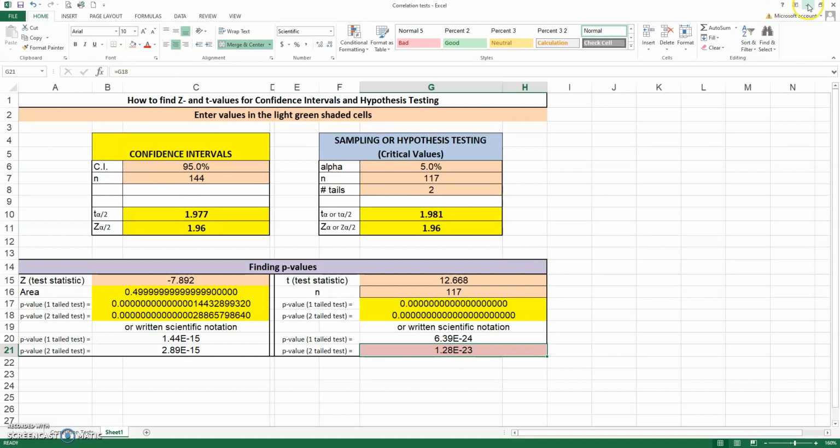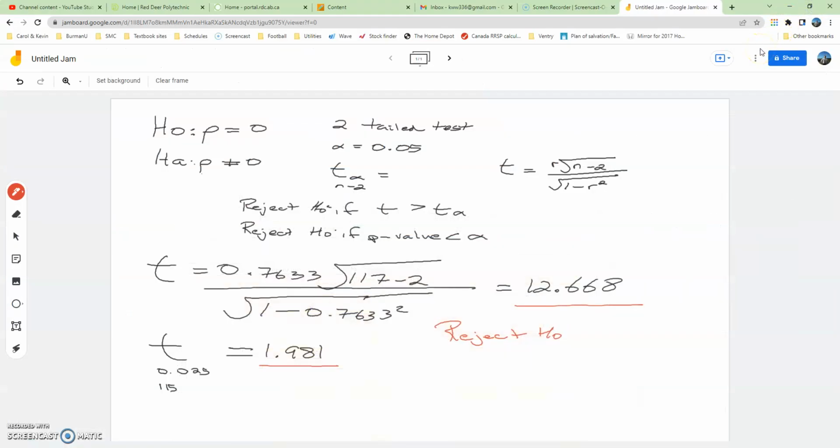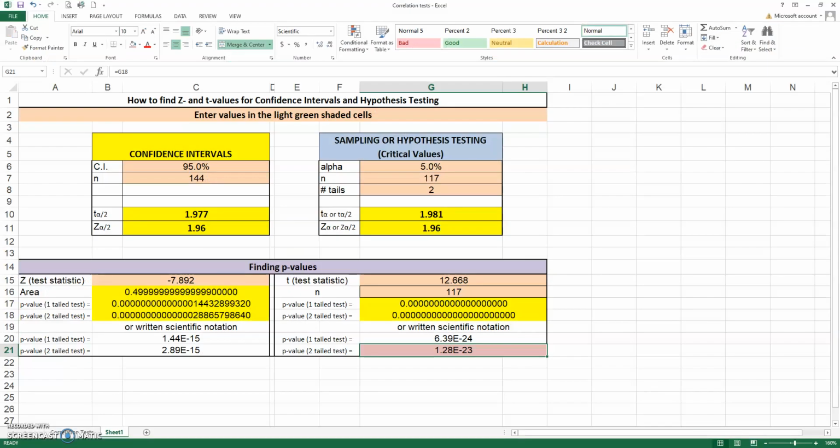1.28E negative 23. So our p-value is 1.28E negative 23.